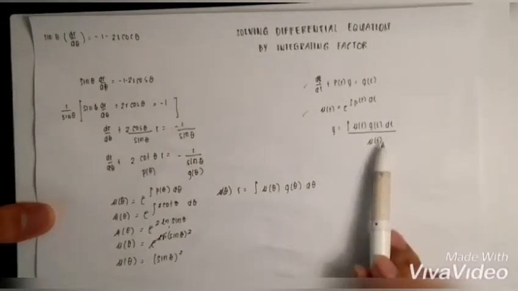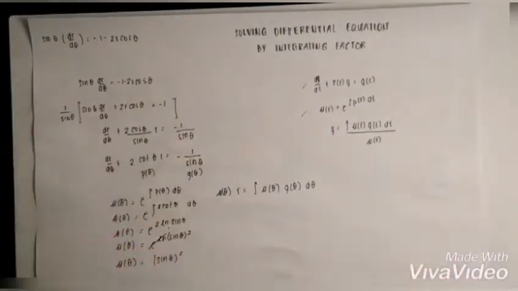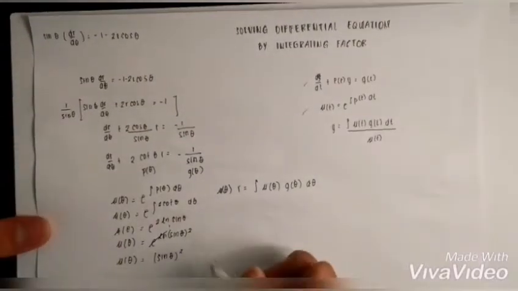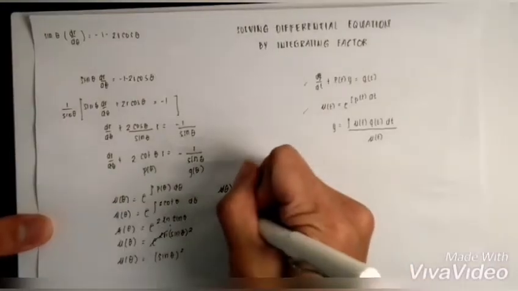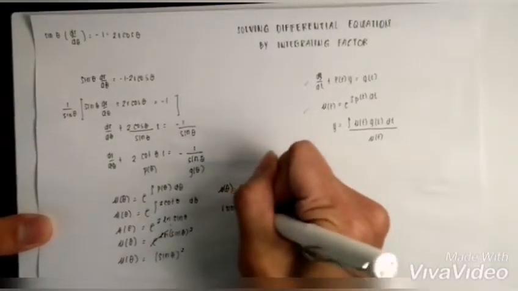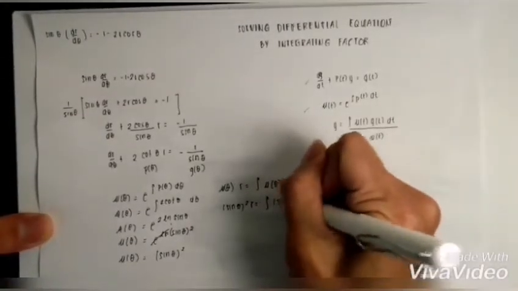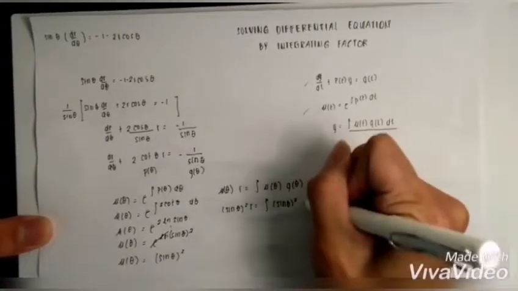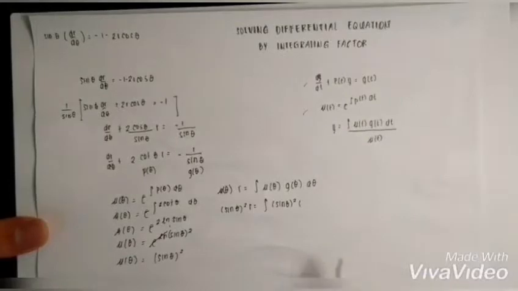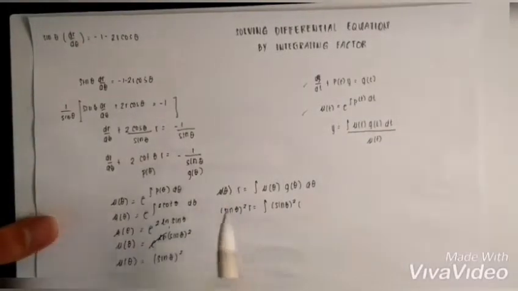So yung mu of t, inakyat ko lang, nilipat ko dun sa left side para mas madali isolve at hindi ka ma-confuse dun sa steps na gagawin mo dito sa right side, no? So mu of theta, na-solve na natin. So we have sine theta squared, or integral of sine theta squared multiplied by g of t. So again, ano nga ba yung g of theta natin?